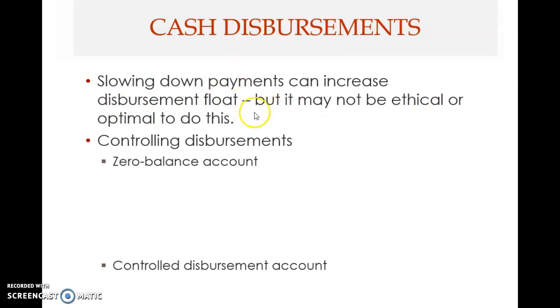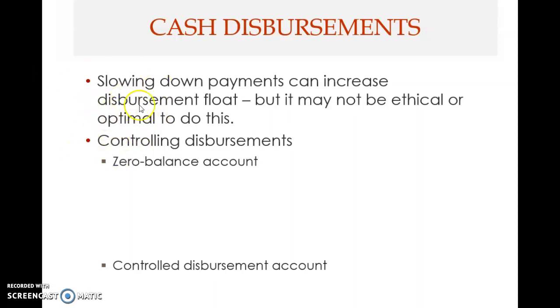But note this, there is a but here. It may not be ethical or optimal to do so. It's not ethical because you actually do this at a cost of another, usually your supplier. You pay your supplier later by increasing the disbursement float. So it's not ethical and it's not optimal.